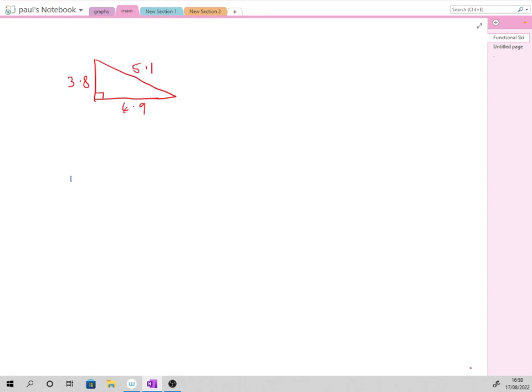Now, all those who study something called Pythagoras, don't shout at me because these numbers are made up, yeah. So, to find the perimeter of that, 3.8, 5.1, 4.9, we just all add them up together, don't we? So 10, 18, and 8, 9, 10, 11, 12, 13, 13.8, whatever it might be, centimetres. So if you've got all three lengths, you just add them together, the same as you do with a square or a rectangle.